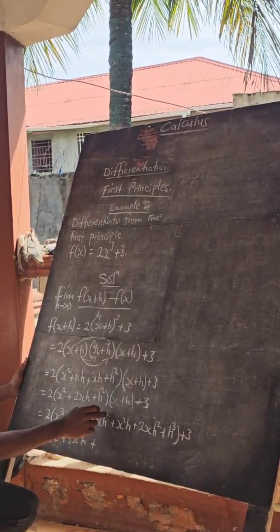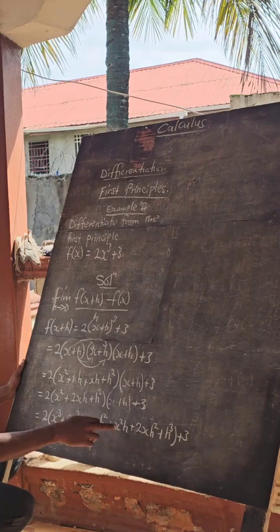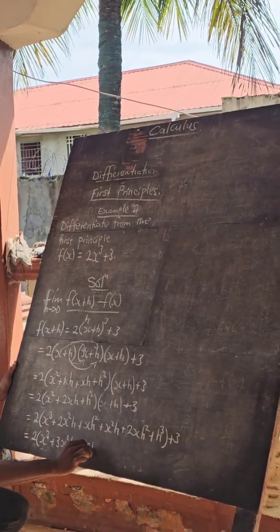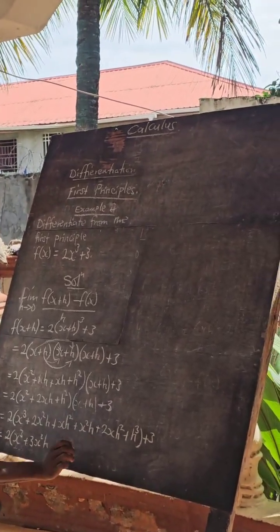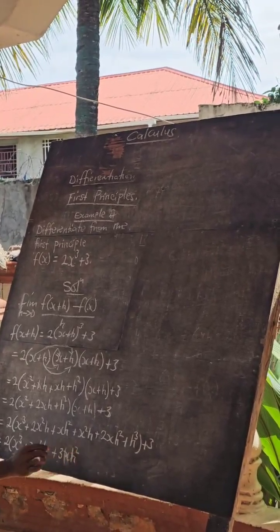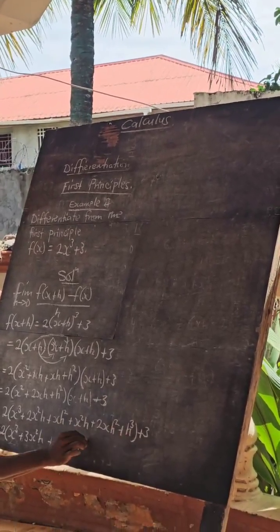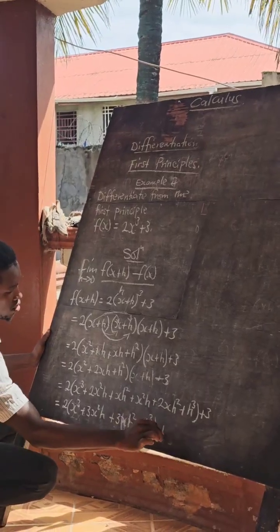Plus we now go to the xh squared: here we have 1xh squared and here is 2, which gives us 3xh squared. And then plus h cubed, and then plus 3.